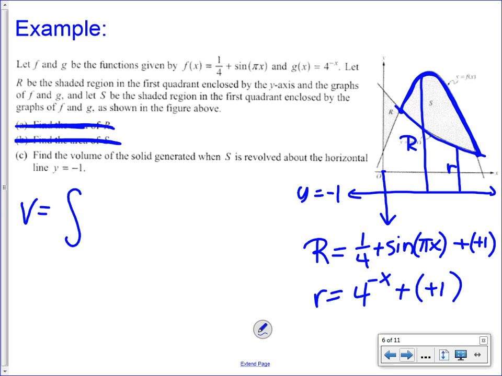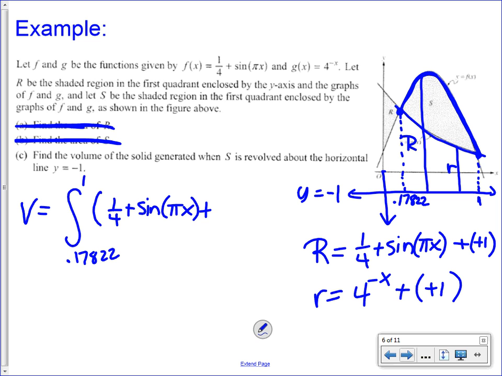Now, the last thing we need are the points of intersection. I actually used the calculator to find these. The x value for this point is 0.17822, and the x coordinate for this point is 1. Those would be our limits of integration. Then we set up 1/4 plus sine of pi times x plus 1.